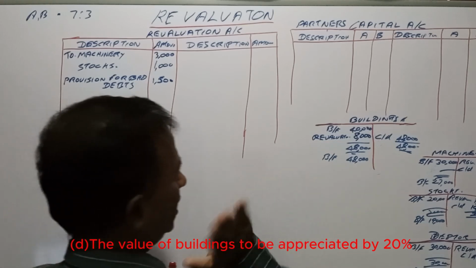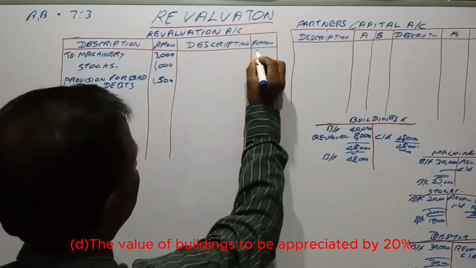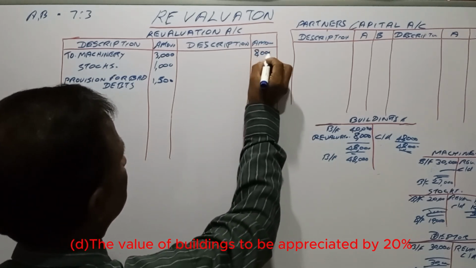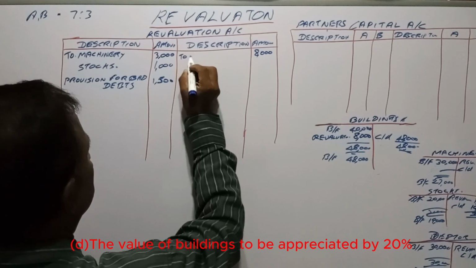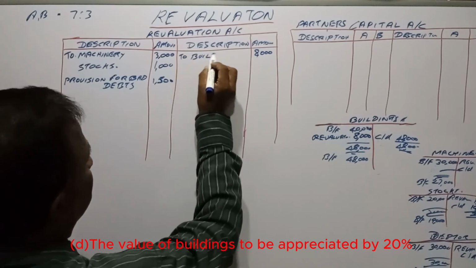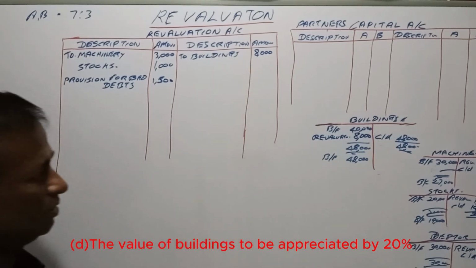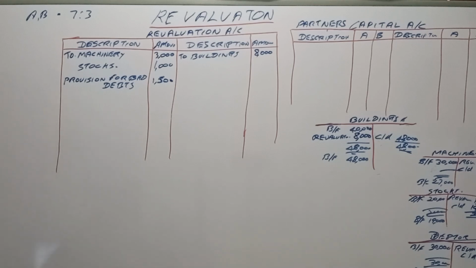When you make an entry, building account debited, here it will credit 8,000 to buildings account.